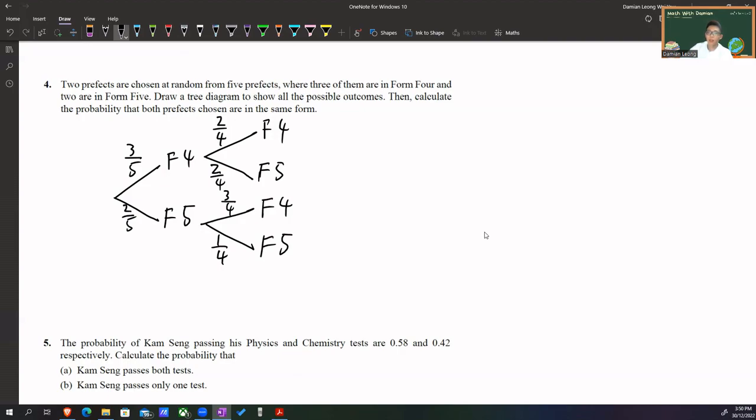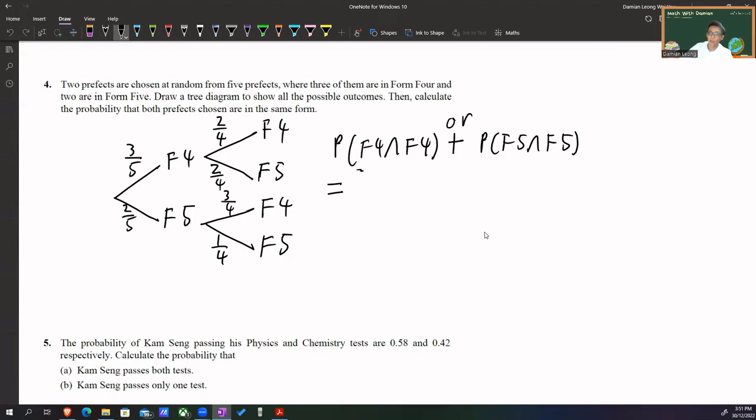Then I use that to calculate the probability both prefects are in the same form. Both prefects are in the same form means it can be Form 4 and then Form 4 again, or it can be Form 5 and then Form 5 again. So when it's the condition of or, this happening or this happening, I plus the probability together.